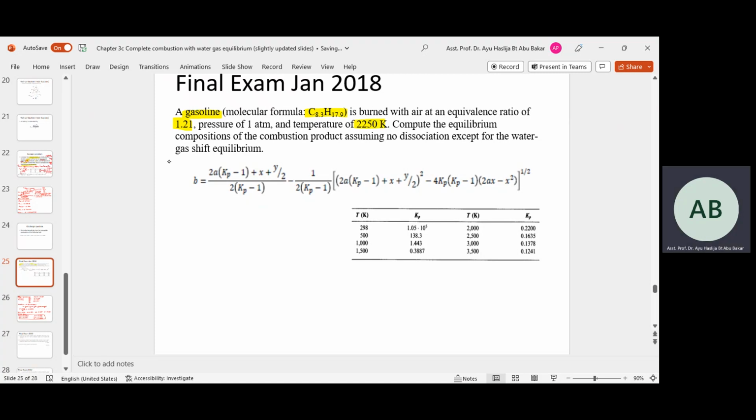It asks you to compute the equilibrium composition of the combustion product, assuming no dissociation except for water gas shift reaction. Okay, so water gas shift equilibrium.